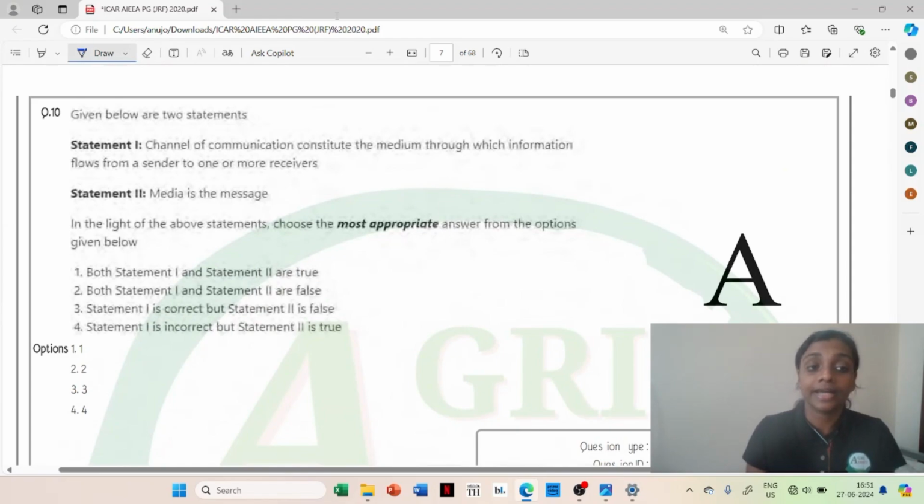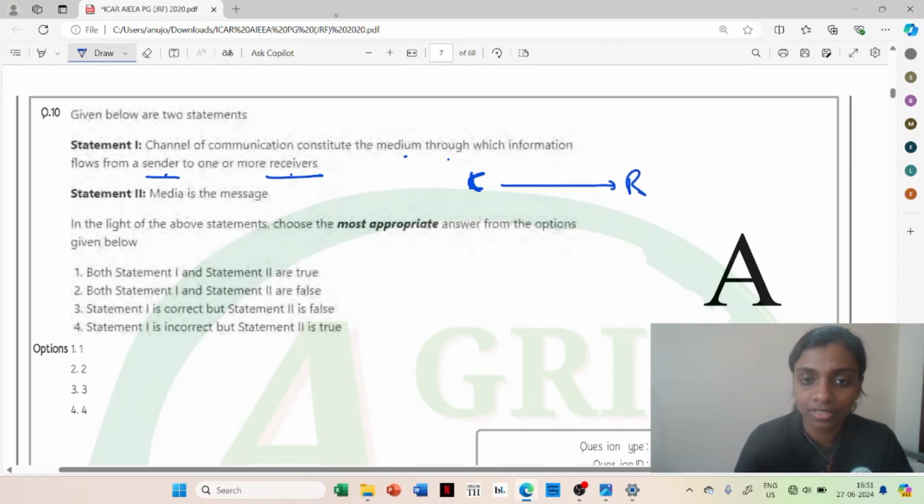Next question, again it's a statement type. Channel of communication constitutes the medium through which information flows from a sender to one or more receivers. In the process of communication, we have studied that from a communicator, the message will go to a receiver. From the sender to the receiver, the message will go through a channel or medium.